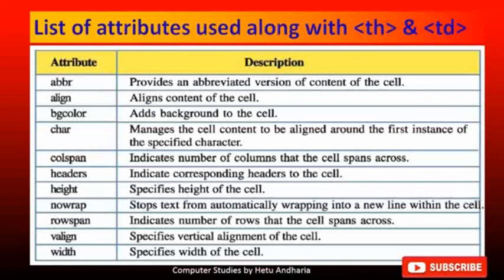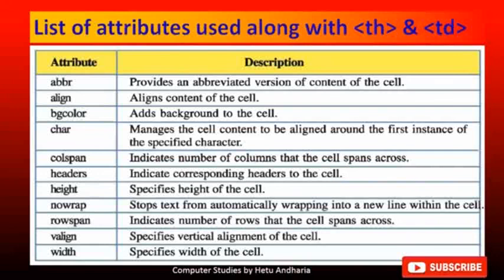First one is ABBR, which provides an abbreviated version of the content of the cell. The align attribute, as we all know, aligns the content of the cell. Then bgcolor, we know it is used to add background color to the cell. Then CHAR, that is character, manages the cell content to be aligned around the first instance of a specified character.